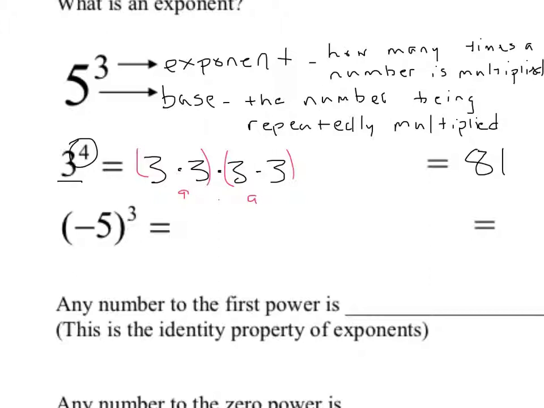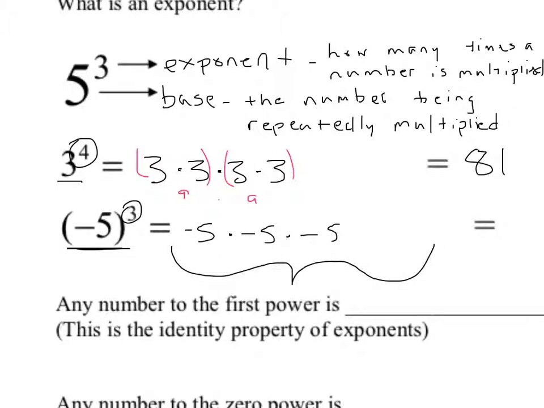So when we want to expand this one out, our base is negative 5. And our exponent, 3, tells us that we're going to be repeatedly multiplying negative 5 three times. So negative 5 times negative 5 times negative 5. This form of how we can write out an exponent is what we call its expanded form.